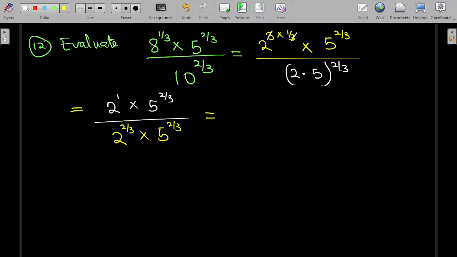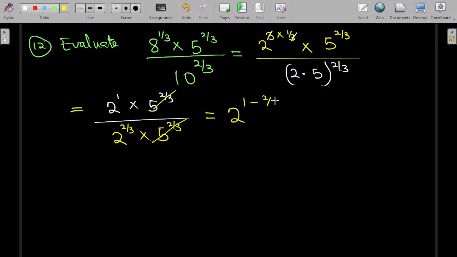So what will that do for us? We can clearly see that 5 to the power of 2 over 3 will cancel 5 to the power of 2 over 3, and those ones are gone. So we just have only 2 left, and that will be 2 to the power of 1. Because this is division, you will subtract the powers.